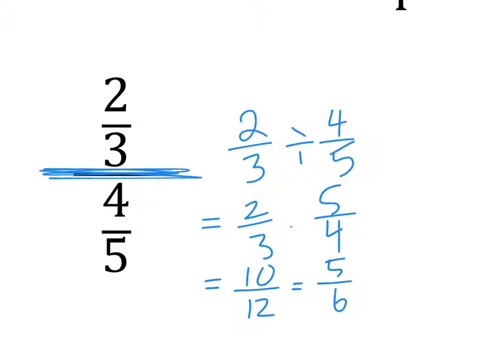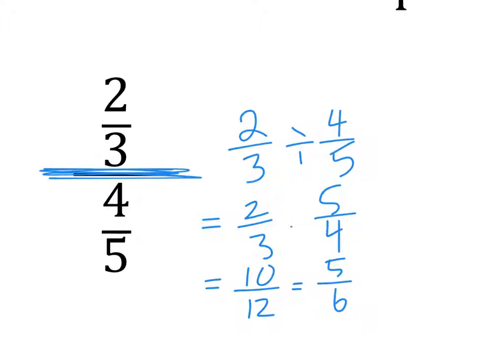Now eventually, I don't want you to write the fraction divided by fraction part. I want you to do that in your head. So this part, 2/3 divided by 4/5, is redundant. You don't have to write this out later on. Next year, I'm just going to take shortcuts, assuming you guys can do this in your head.